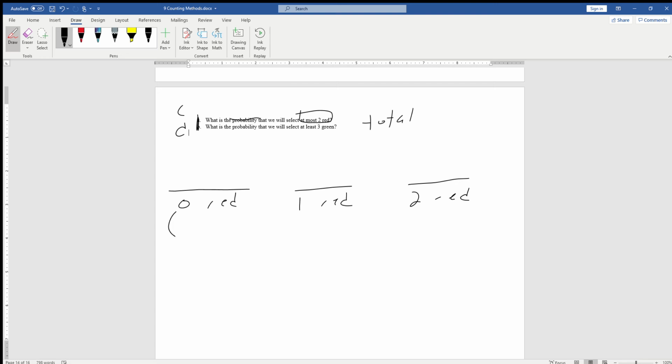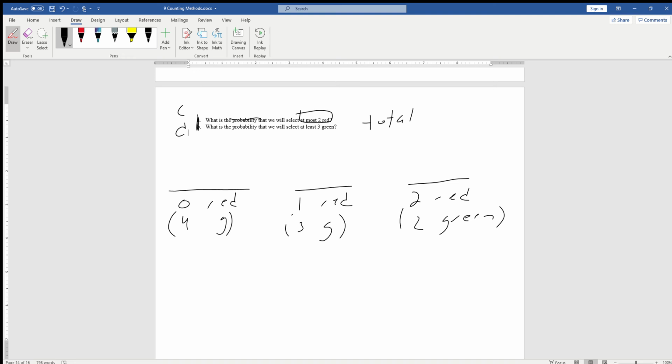Implicitly, remember we're picking a total of 4 marbles, that means we would have to have 4 green, 3 green, and 2 green. So don't forget, every time you're doing these, just because you're only selecting one of the colors that is given, that doesn't necessarily mean that we can forget about the other one.